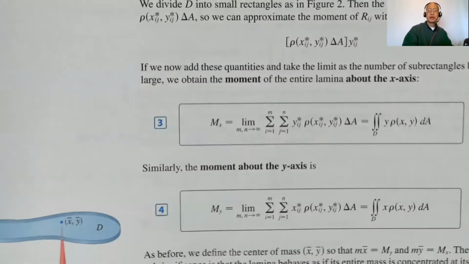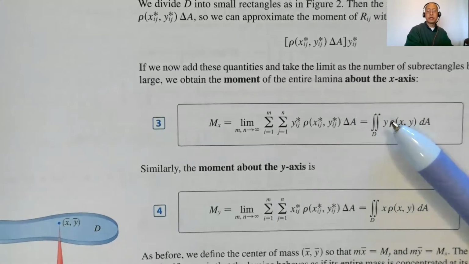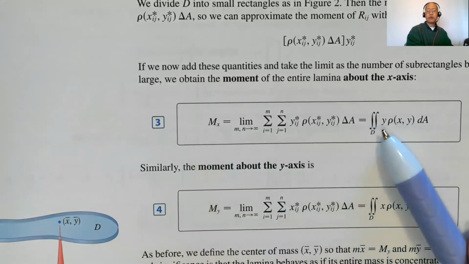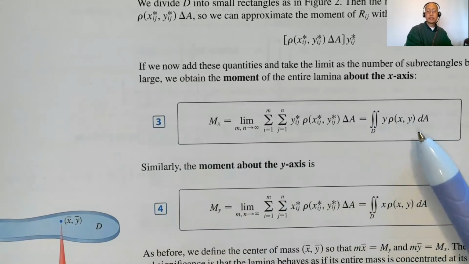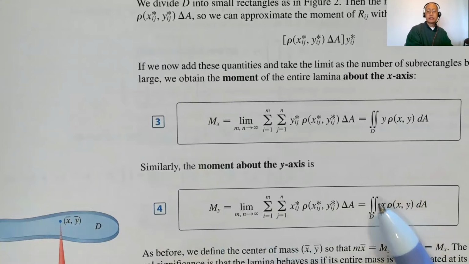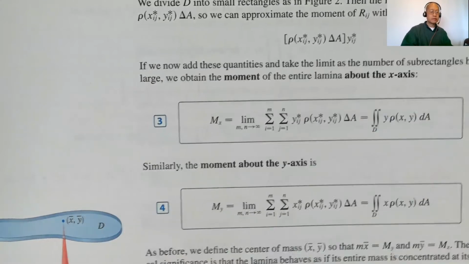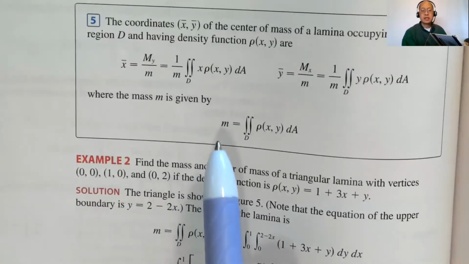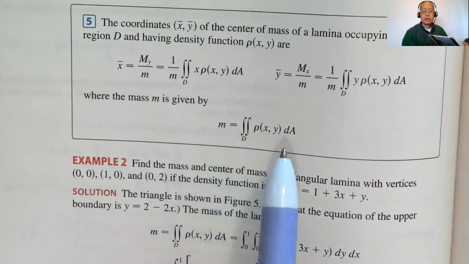So that's the reason why you have that. So you multiply the density by the moment arm, as it were. So m sub x, double integral of y, rho dA; m sub y, double integral of x, rho of xy dA. And then, of course, if you just want the mass, you integrate rho. So the mass is a double integral of rho dA.